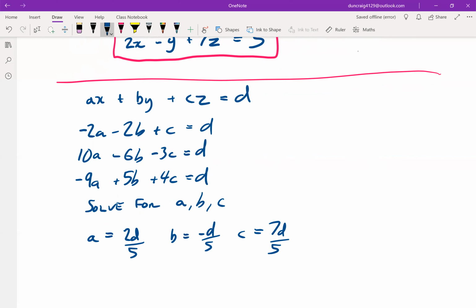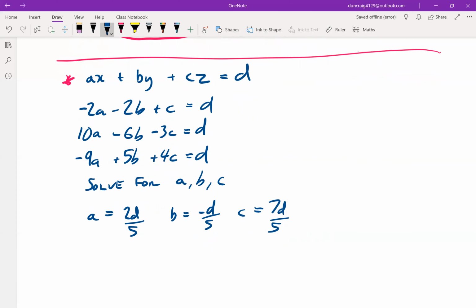And if you did that on the ClassPad, and then put that into your original equation, back up to here, what we would get is 2xd over 5, take dy over 5, plus 7dz over 5 is equal to d.